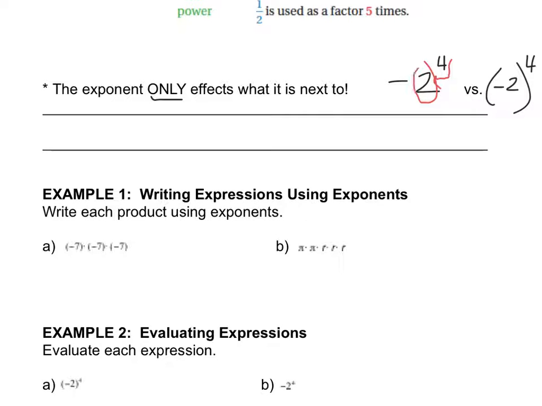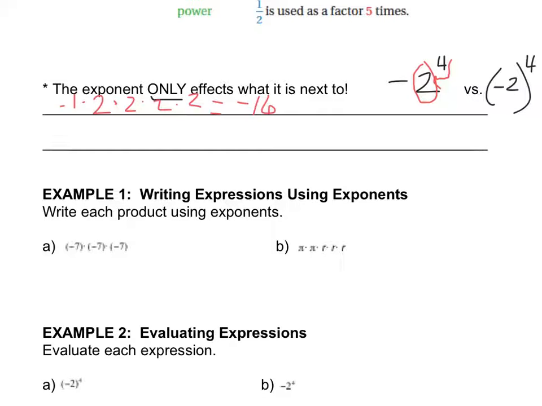So this is actually 2 times 2 times 2 times 2, which is 4 2's, but also times that negative out in front, which is a -1, to make my answer -16.